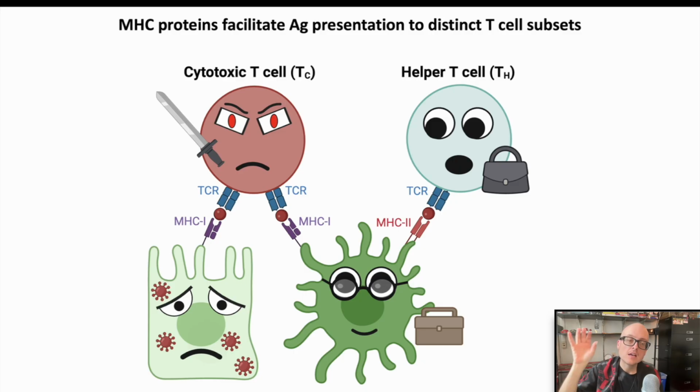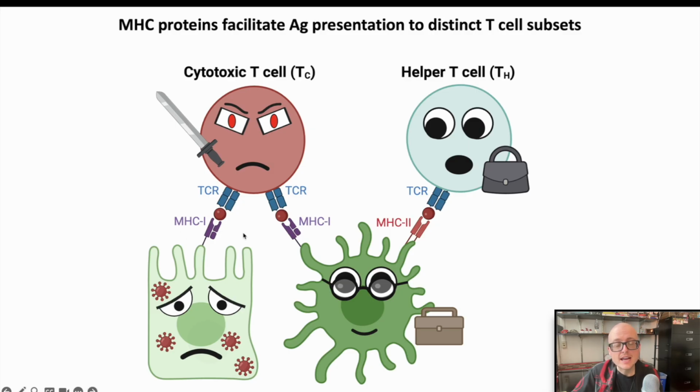For this slide, though, what I want you to key in on is that cytotoxic T cells interact with antigen, recognize antigen, only when it is being presented on MHC class 1. So cytotoxic T cells are able to recognize antigen being presented by almost any cell, because almost any cell expresses MHC class 1, as we've said.